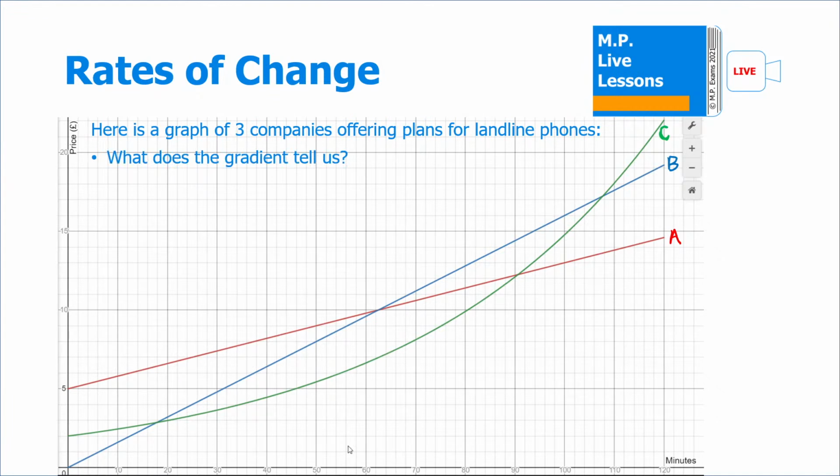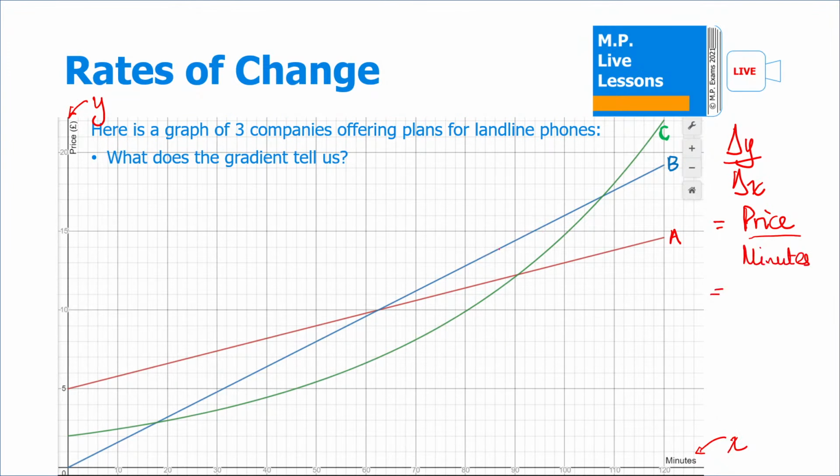The gradient, as we know from algebra, is change in y divided by the change in x. The y-axis is the price, whereas the x-axis is the minutes. So this is divided by minutes.